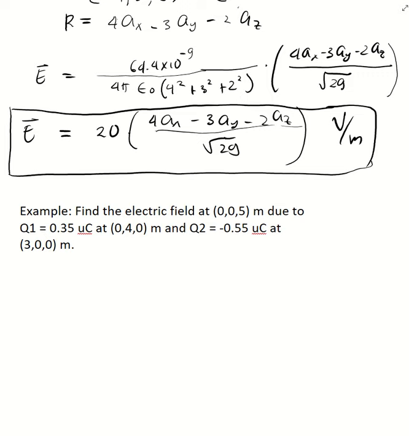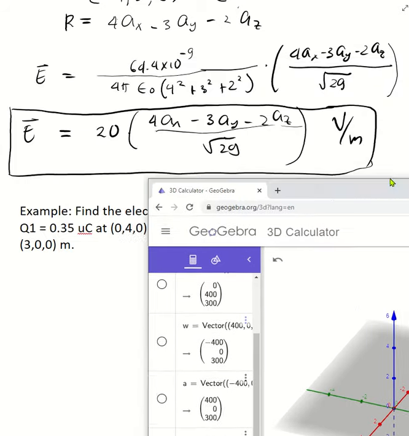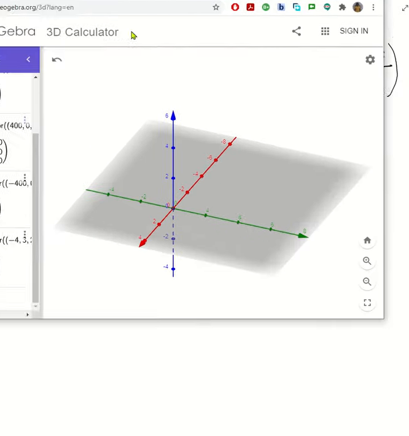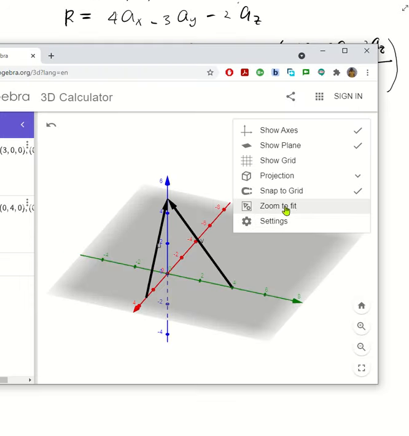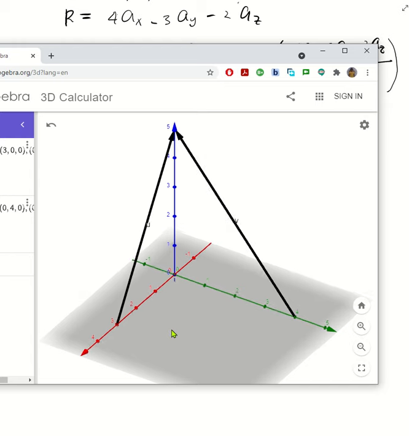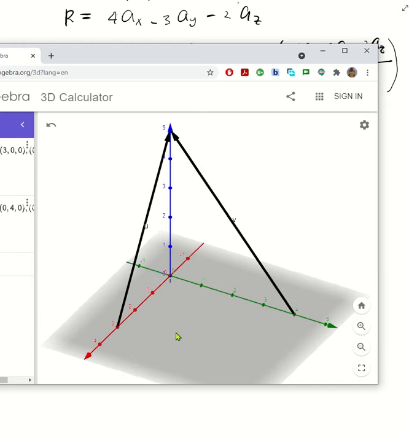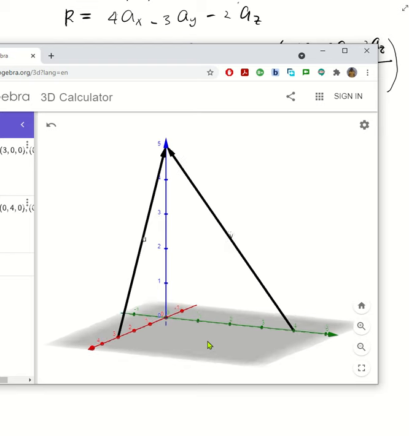So let's try again to plot this one. So this will be the graph. So this is (0,0,5), where we want to determine the electric field.